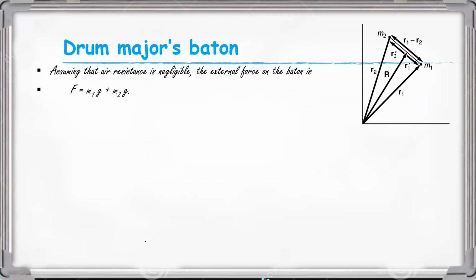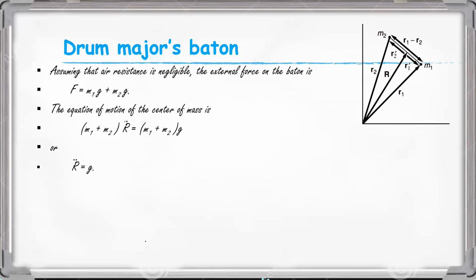Then the total force F is equal to M1 G plus M2 G. Then the equation of motion for the center of mass is M1 plus M2 times R double dot is equal to M1 plus M2 into G, or R double dot is equal to G. This is the equation of motion for the center of mass.